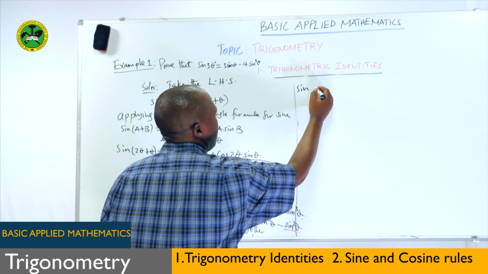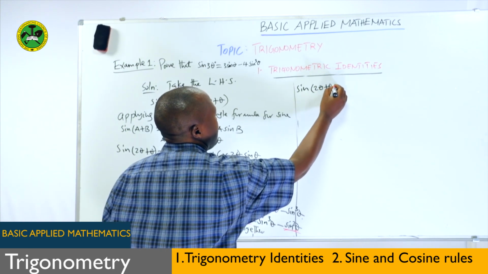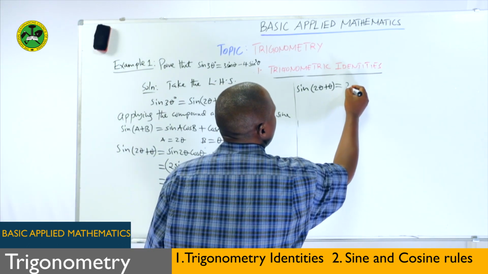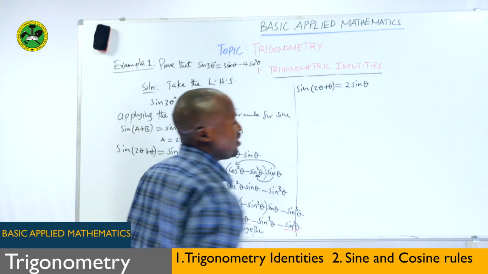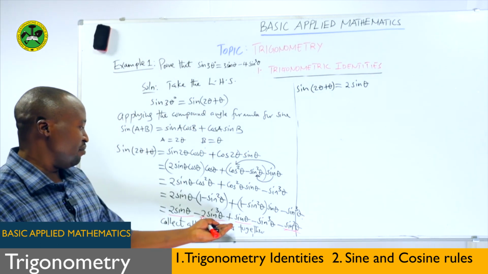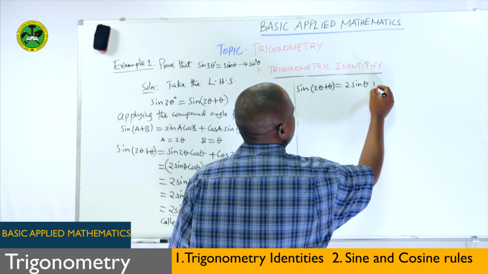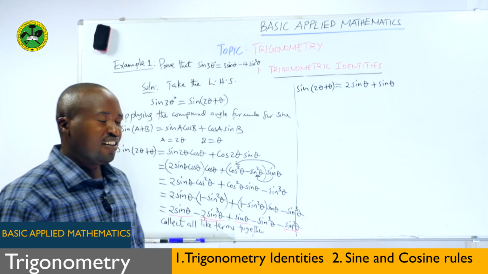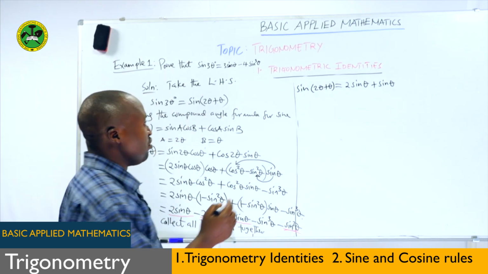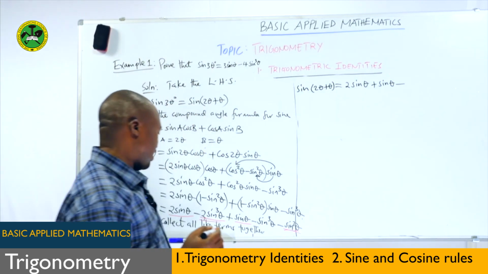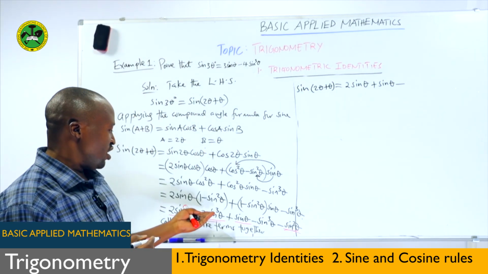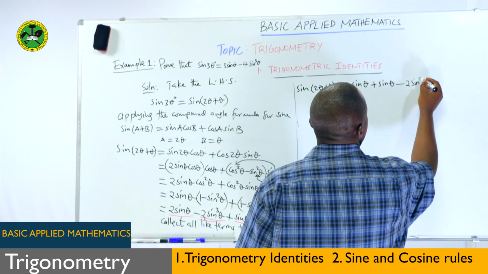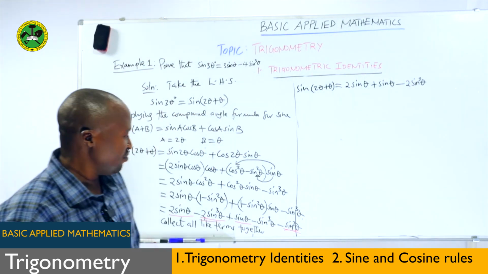Now, collecting like terms, we take sin 2 theta plus theta is equal to, then we start with 2 sin theta followed by plus sin theta. Then for cubic we have minus 2 sin cubic theta.